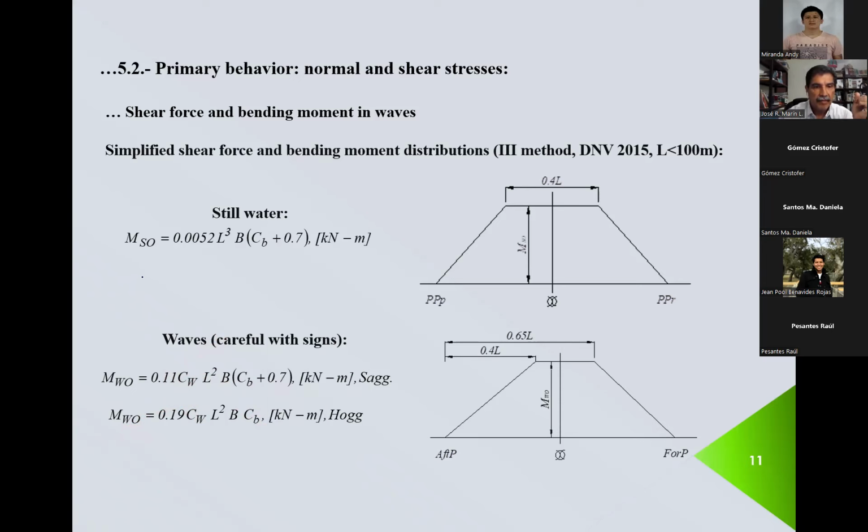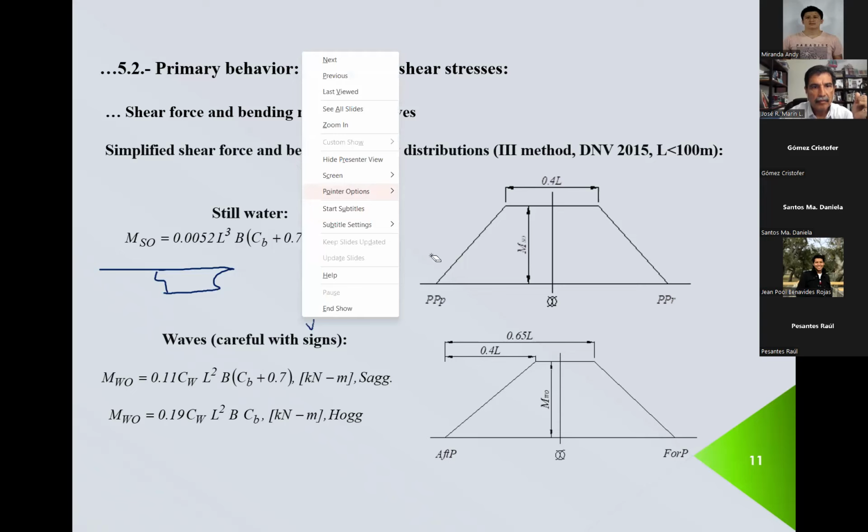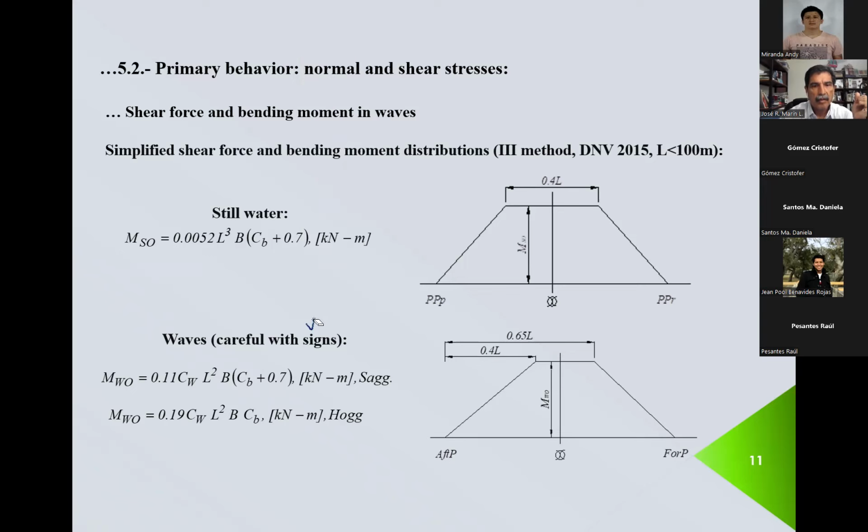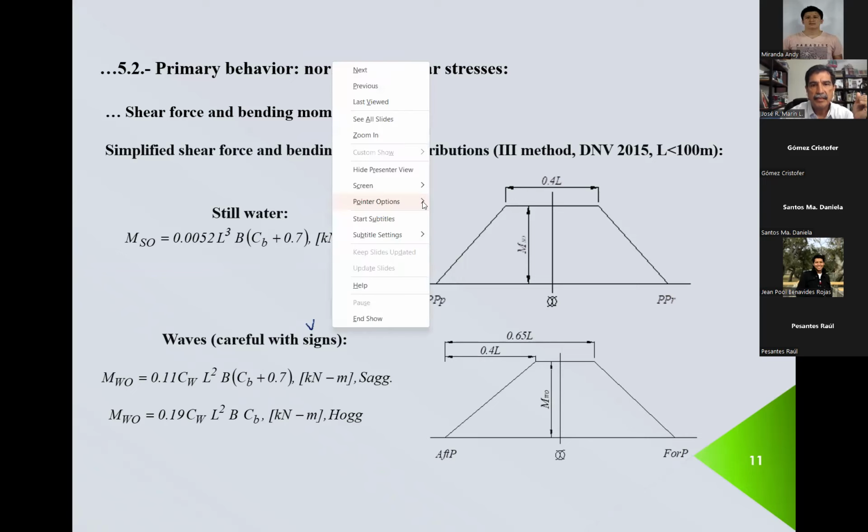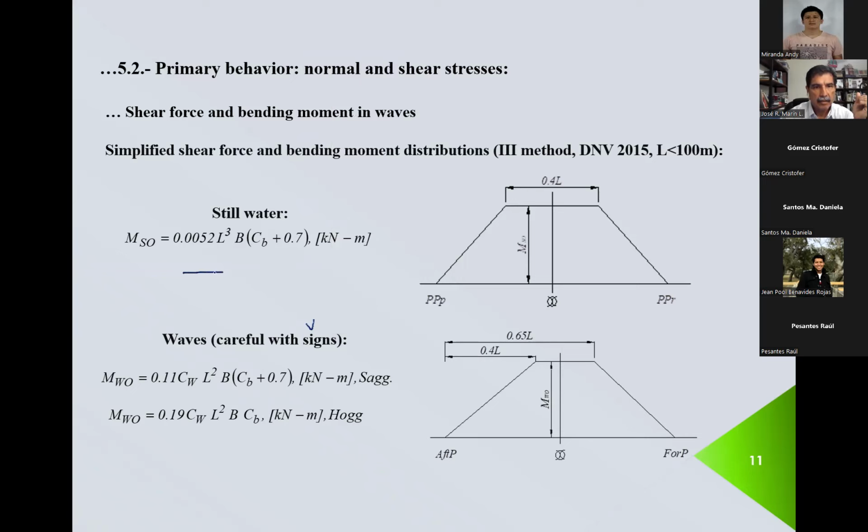If you have a ship, a small ship, like this, if I have a wave in the order of the length, that will produce a large response of the structure. So you're going to have something like this.